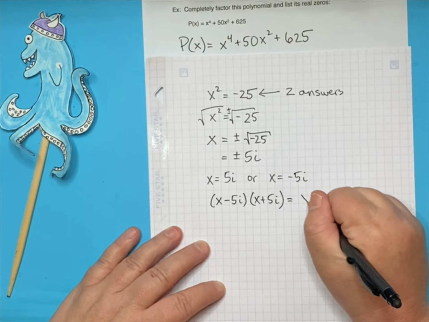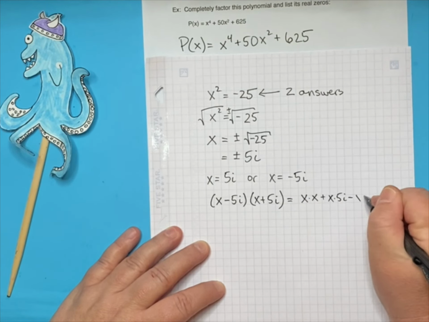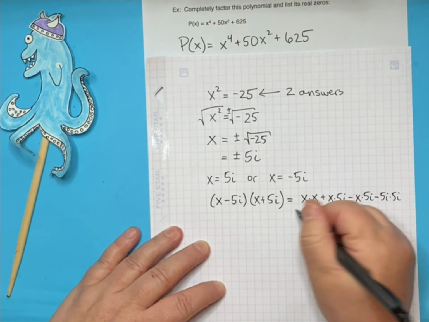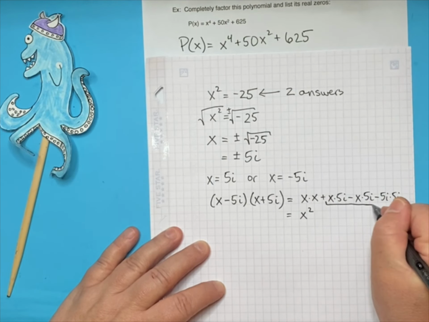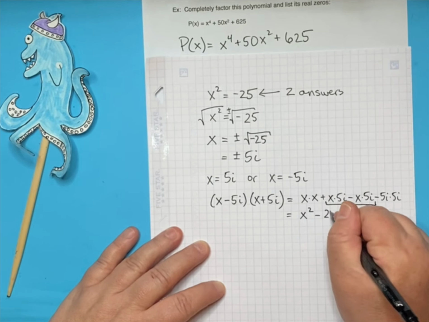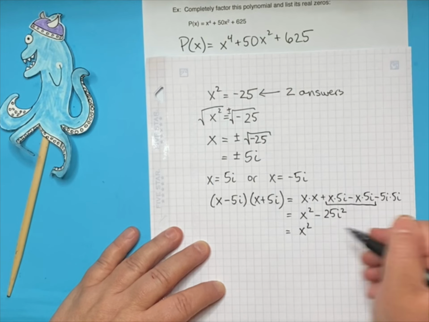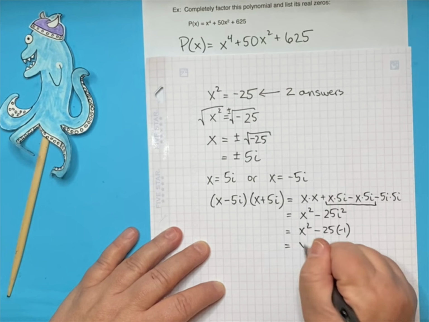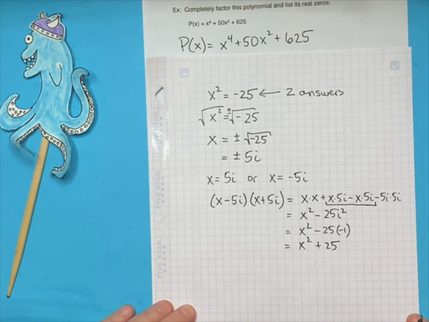I get x times x plus x times 5i minus x times 5i minus 5i times 5i, right? So that's going to give me x squared. These two cancel out, minus 25i squared. So x squared minus 25 times negative 1. That's x squared plus 25. Interesting.